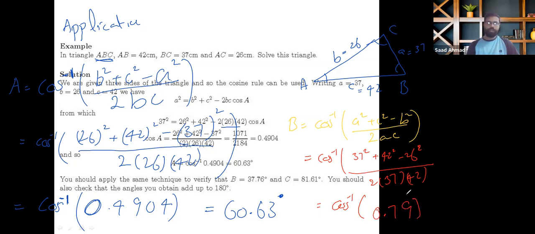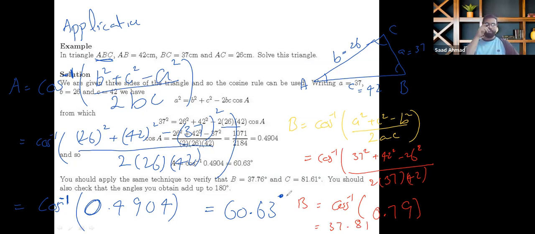Did any of you get that? If you did, let me know. Then we will do cos inverse of that. I get 37.8. So I got the angle B equal to 38.1 something.